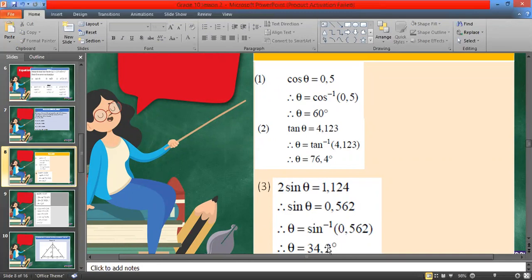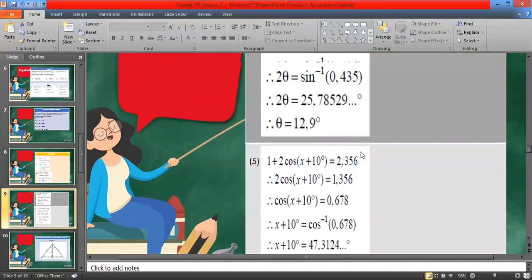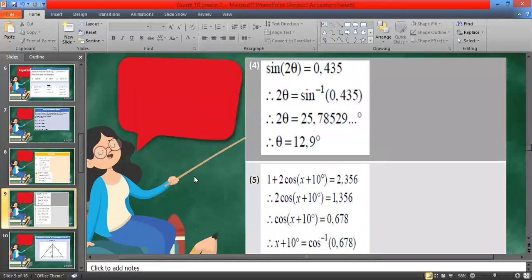And then for the number 4 question, which says sine 2 theta equals 0,435, we must find the value of our theta. How do you find the value of theta here? The first thing to do is to find your sine inverse.